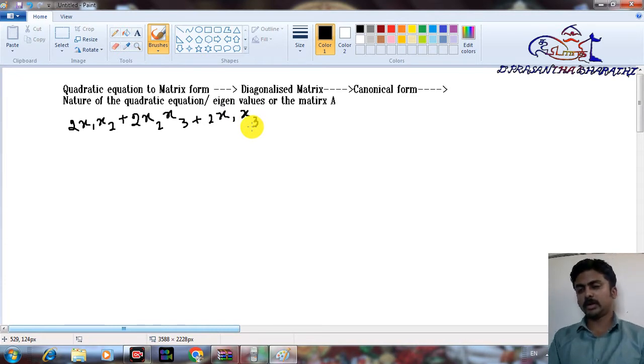This is our quadratic equation. Now we want to convert this quadratic equation into matrix form.